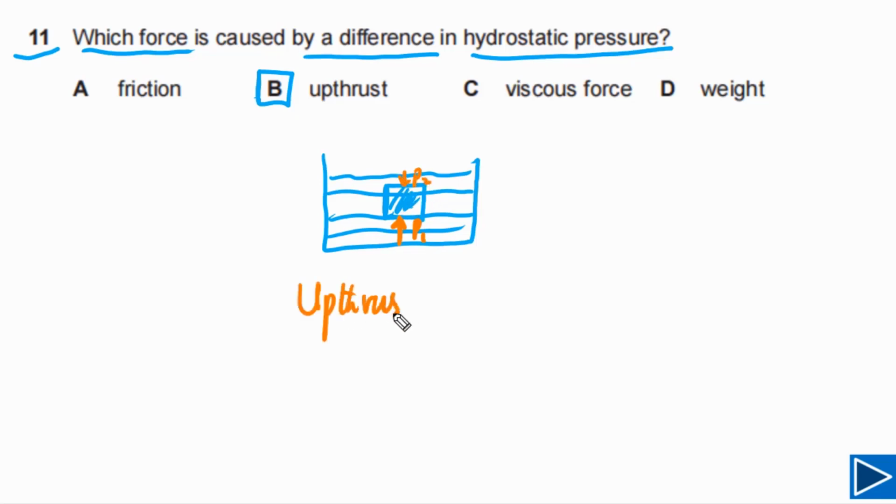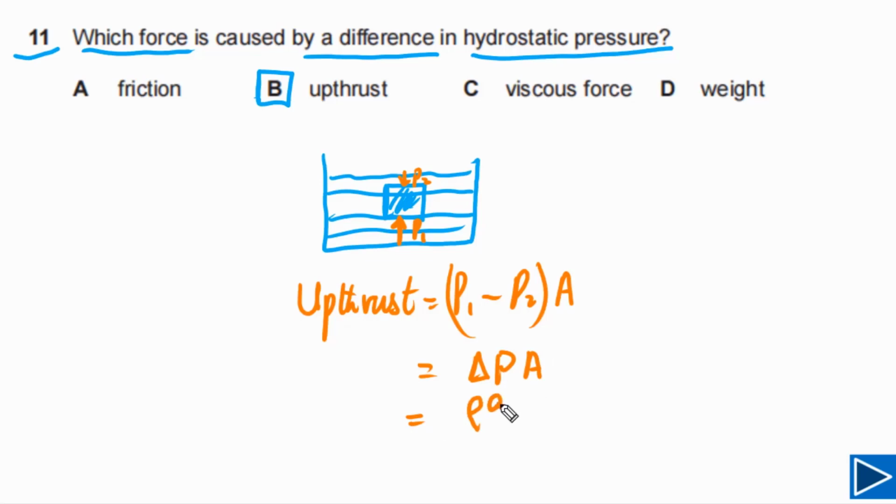Upthrust is equal to the difference between these two, P1 minus P2, multiplied with the cross-sectional area of this object, A. Simply we can say this is equal to delta P times A, and delta P is equal to rho g delta h, times A. But if you look at A times delta h, this is equal to the volume of this object.